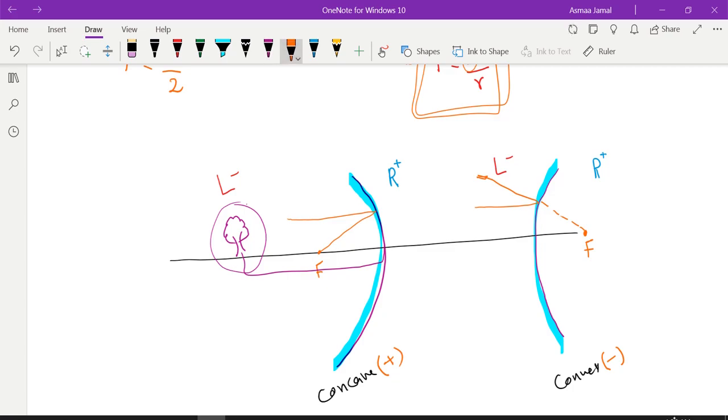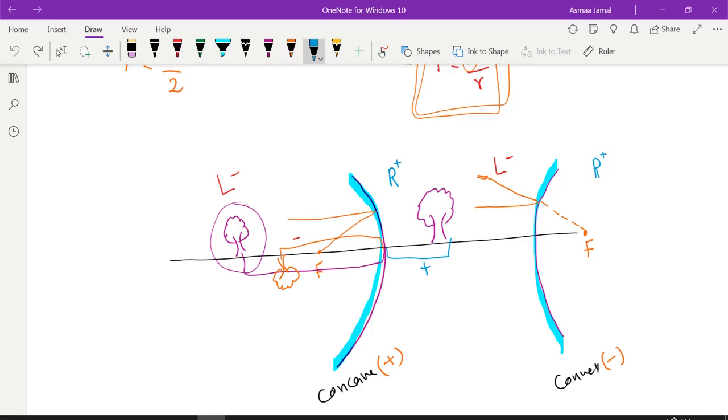The image formed in a mirror, if it's real, will be on the same side as the object, which means to the left. So the distance between the mirror and the image will also be negative. If that image was to the right, which means a virtual image, the distance this time between the mirror and the image will be positive.